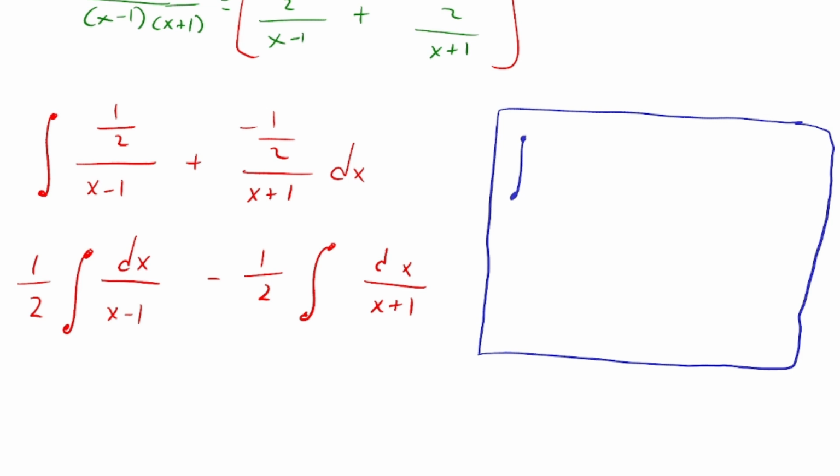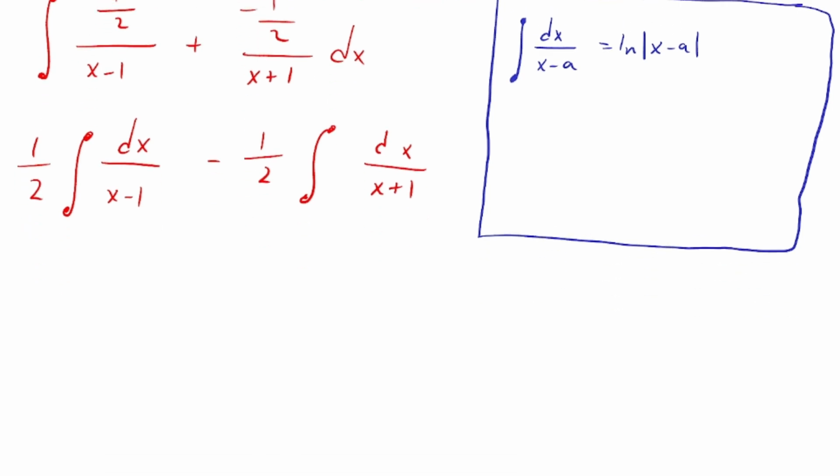If I have the integral of dx over x minus a, it'll basically be equal to the natural log of the absolute value of x minus a. But remember, it's mod of whatever's inside, so it has to be positive. Let's just implement that so this question gets done very quickly.